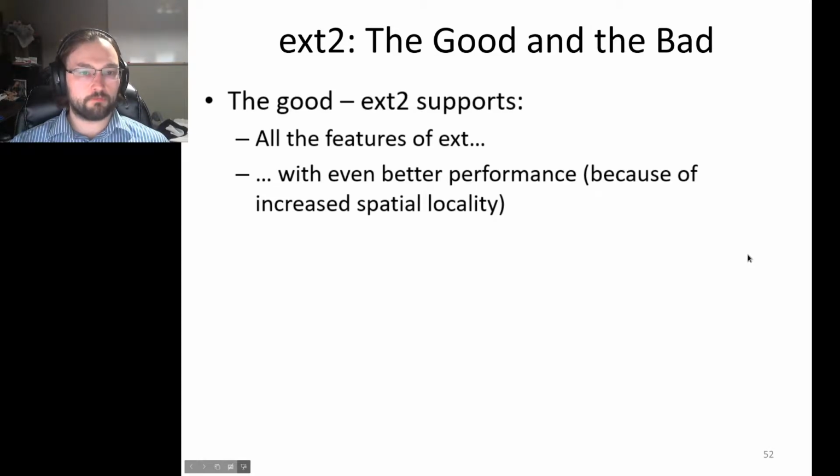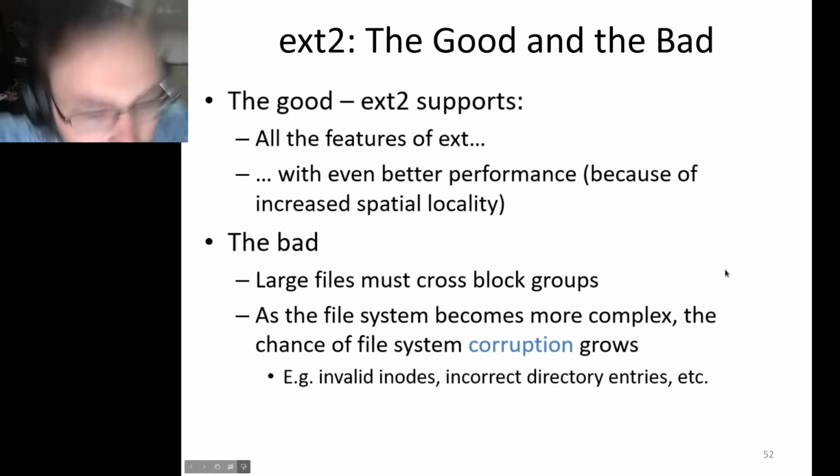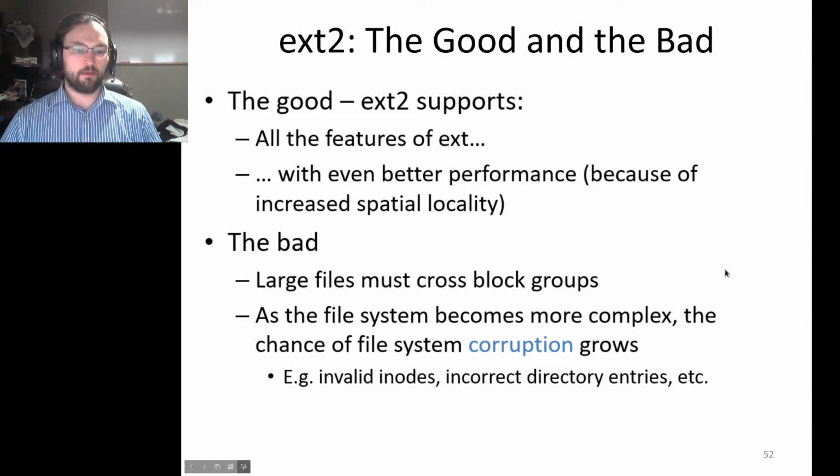So ext2 is a significant improvement performance-wise on ext because we put some effort into spatial locality. Unfortunately, adding this concept of block groups has significantly increased complexity. And with increased complexity, we run into this problem where more complicated data structures are more likely to get messed up just by the normal use of the system, either because there was some bug somewhere, more complicated programs are more likely to have bugs, or because the system crashed and something got written wrong.